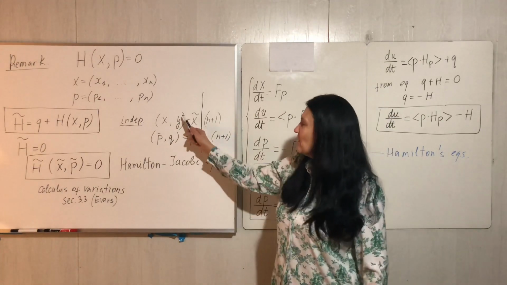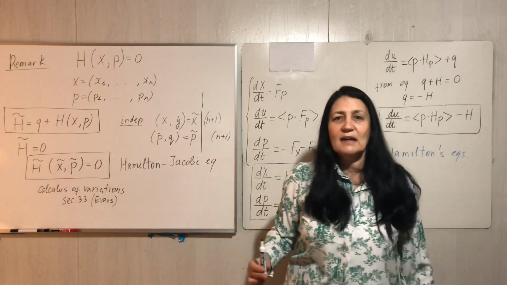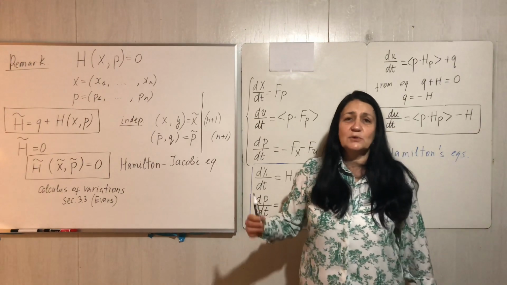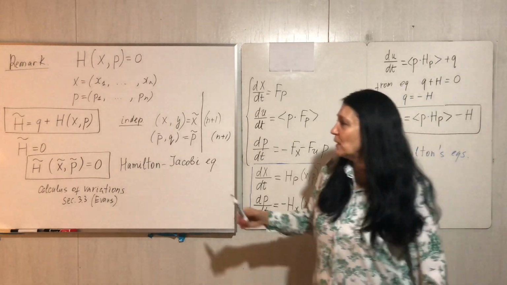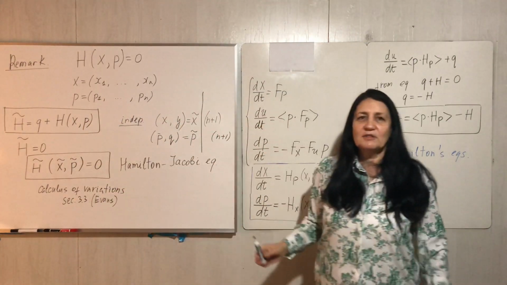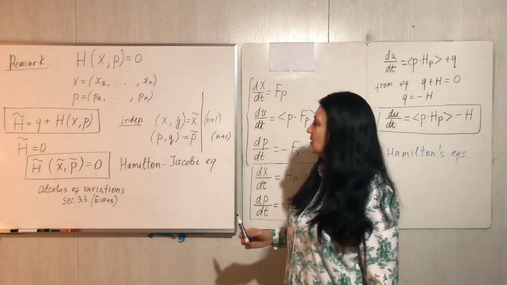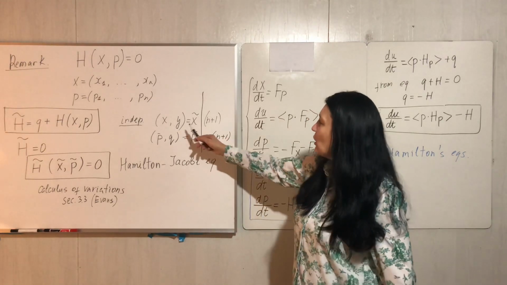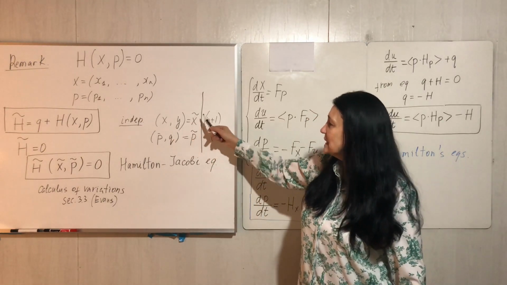Typically this variable that I call here y stands for time. So we have the derivative with respect to time plus everything that depends on partial derivatives. And I call this new function h tilde, right?